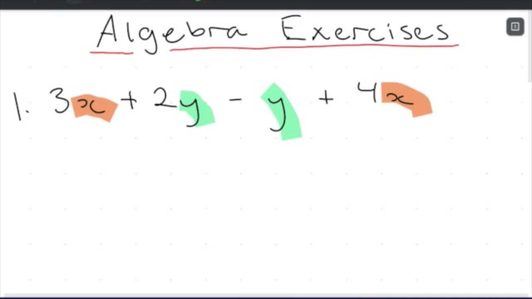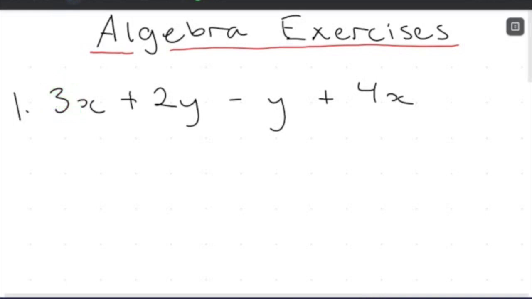And these coefficients, these numbers in front of them, so this 3, 2, -1, and 4, they are multiplying by that number. And we established that by adding like terms, by adding these products with the same factor, we can just add these coefficients together.